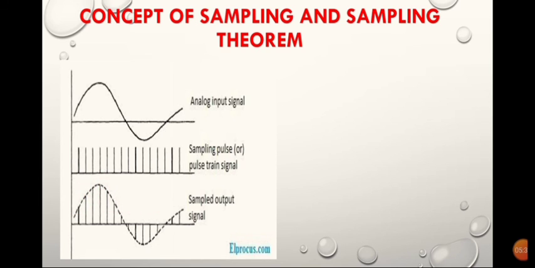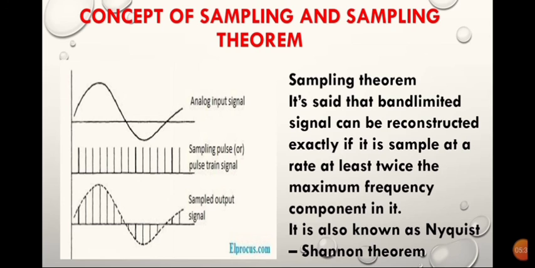Now the sampling theorem. The sampling theorem is also known as the Nyquist or Shannon theorem, and it can be stated like this: a band-limited signal can be reconstructed exactly if it is sampled at a rate at least twice the maximum frequency component. So this is the sampling theorem.